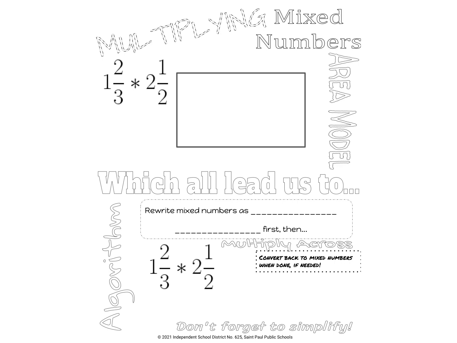So what I'm going to do is start with my fractions, 1 2/3 and 2 1/2, and place them on my mat, or my rectangle. In this case, I'm going to start with that 2 1/2. Since that's my bigger number, I'm going to put 2 here, and then separate this piece.